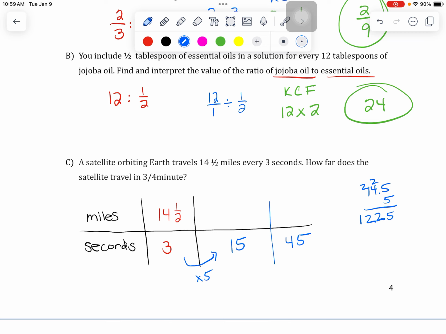Oops, what did I do wrong here? Oops, 7. Sorry about that. That should be 7. So I get 72.5.